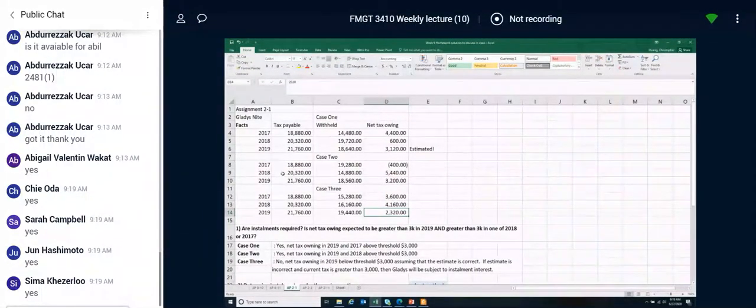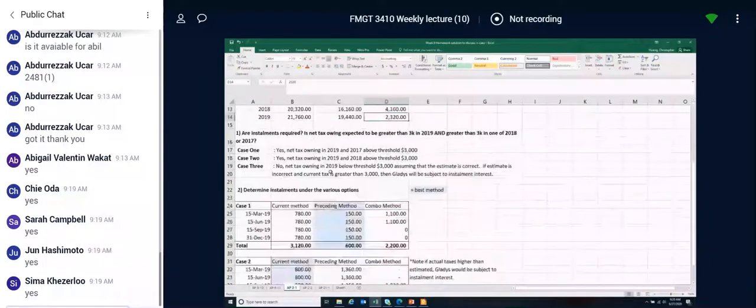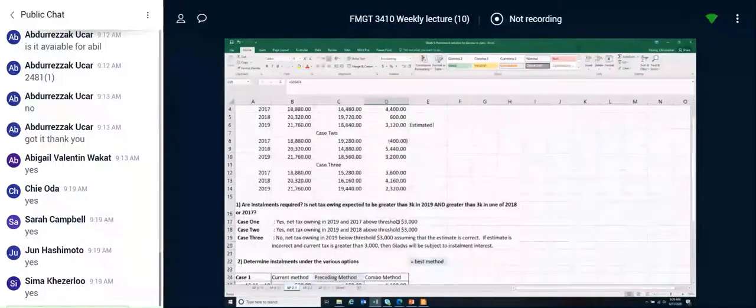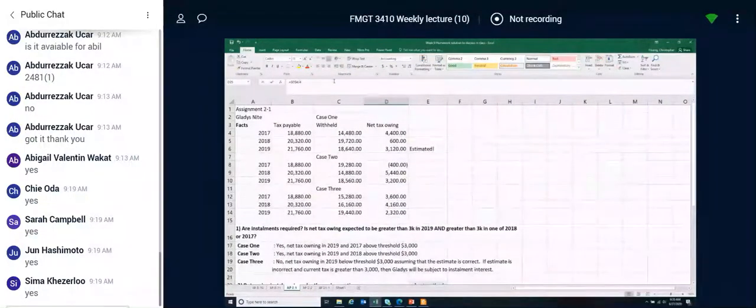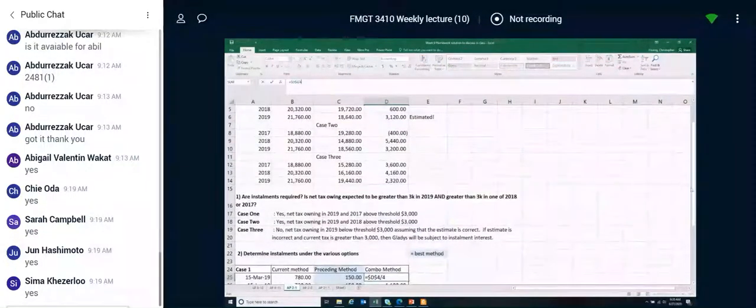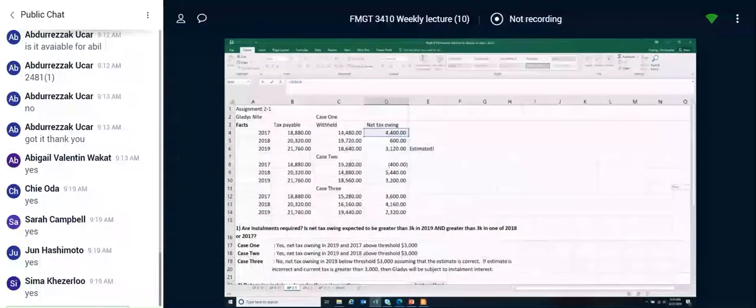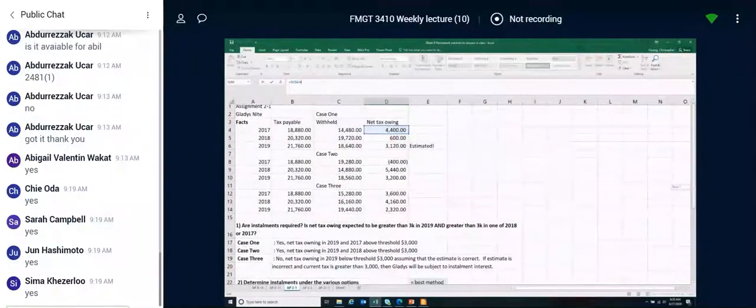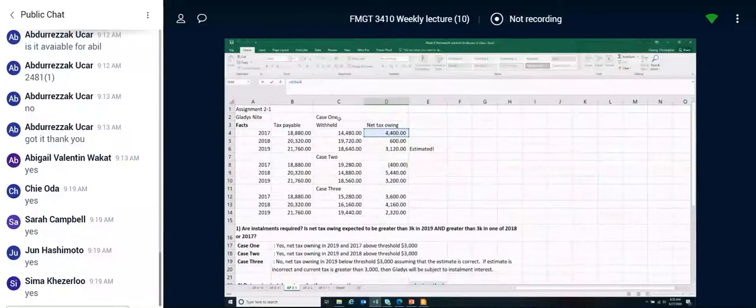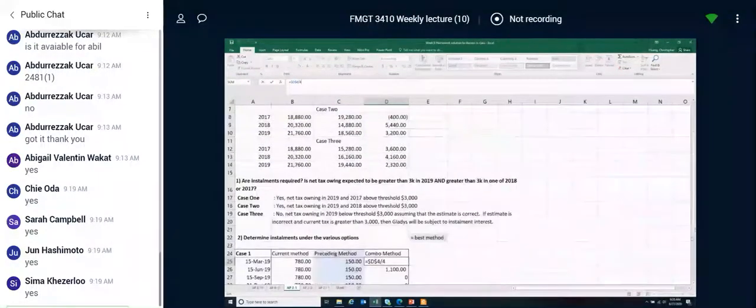And remember, combination method is, take your 2017 payment, your net tax owing, divide that by 4. Okay? So in this case, in fact 1, it was 4,400. So we're going to take 4,400, divide that by 4, and you're going to use that for the first 2 payments in the year.